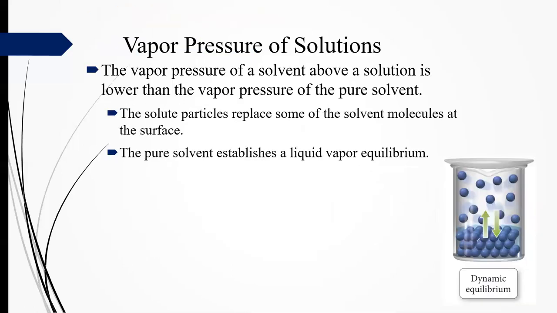So an example of this is vapor pressure. Now the vapor pressure of a solvent above a solution is always going to be lower than that of a pure solvent. When we think about that, a solution has higher intermolecular forces than just the solvent.